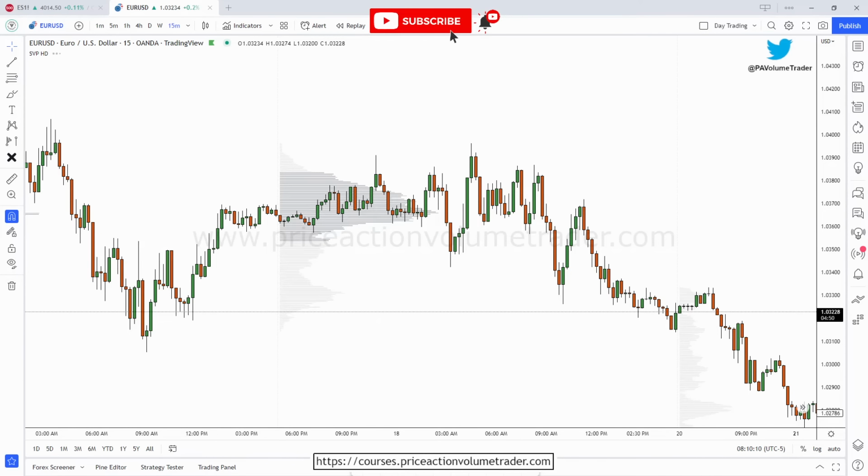Same thing here. You can see we have this big profile that was developing. Probably once we're around this point, this profile has already been very developed. So right here, why would you try to long right on the edge of this if you can see it's been resistance many times?